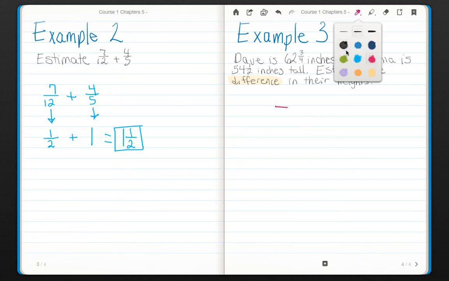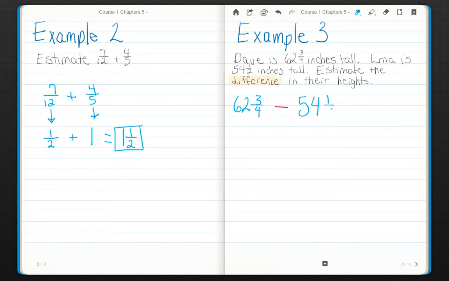So, I have 62 3/4 minus 54 1/2. So I'm going to go ahead and use benchmarks for this. 62 3/4, 3/4 is going to round to a whole. So this is going to round up to 63 inches.